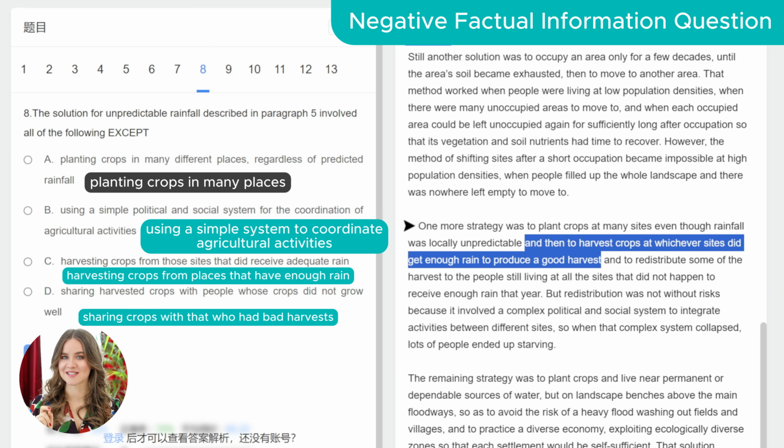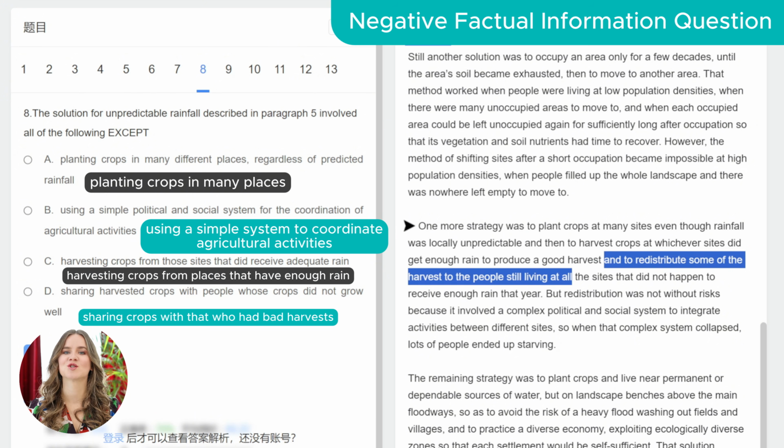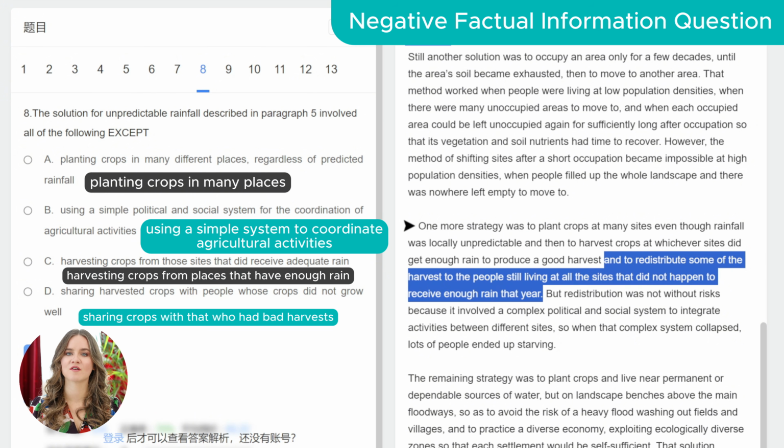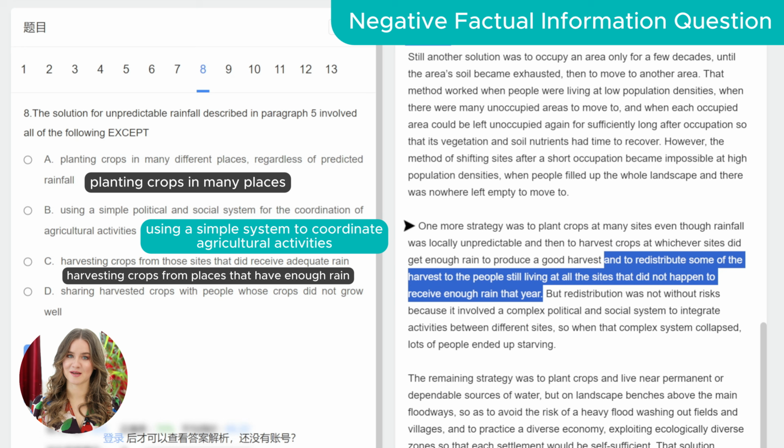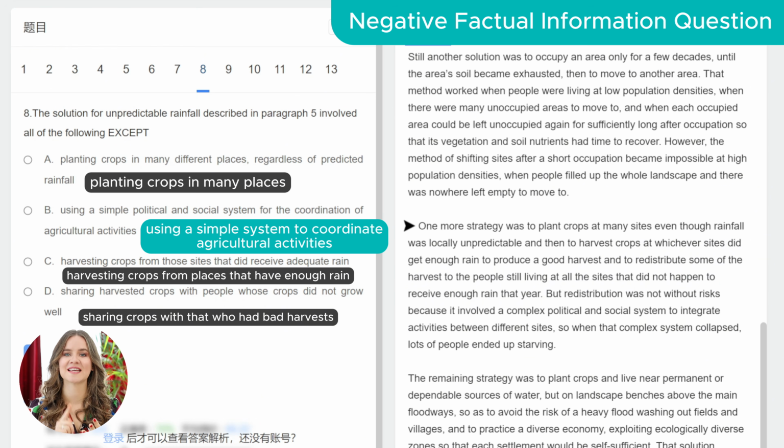This matches option C, harvesting crops from places that got enough rain. Again, eliminate it. And to redistribute some of the harvest to the people still living at all the sites that did not happen to receive enough rain that year. This matches option D, sharing crops with those who had bad harvests. Eliminate it. So A, C, and D are all mentioned in the text.